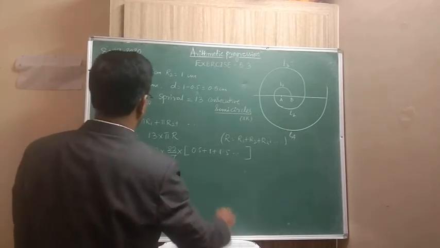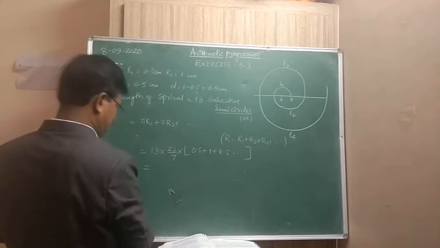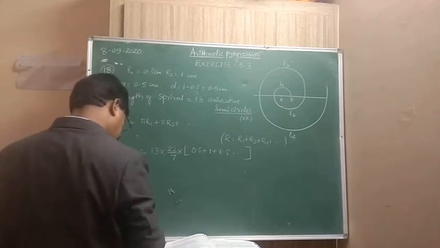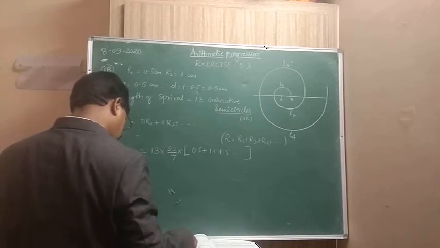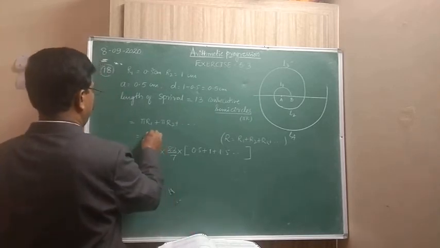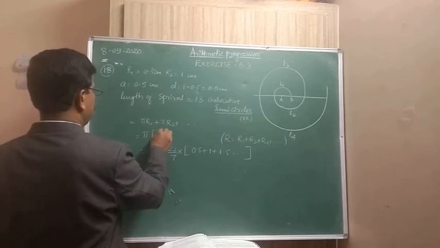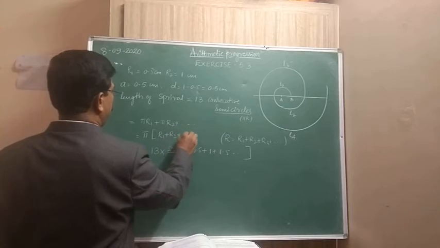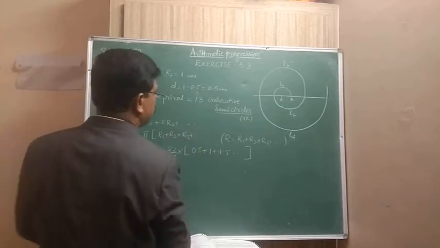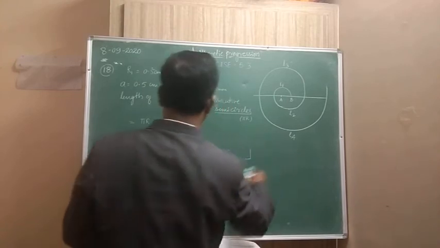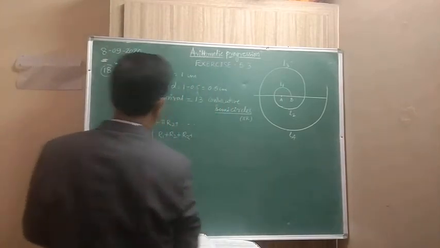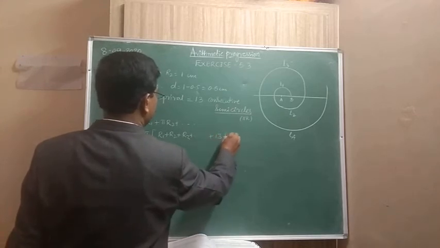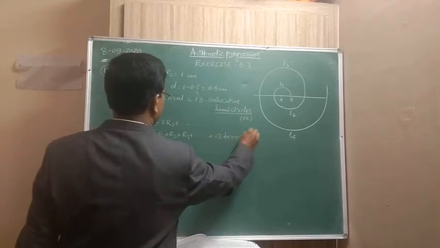So pi is common, then this is r1 plus r2 plus r3 plus etc. up to 13 terms.